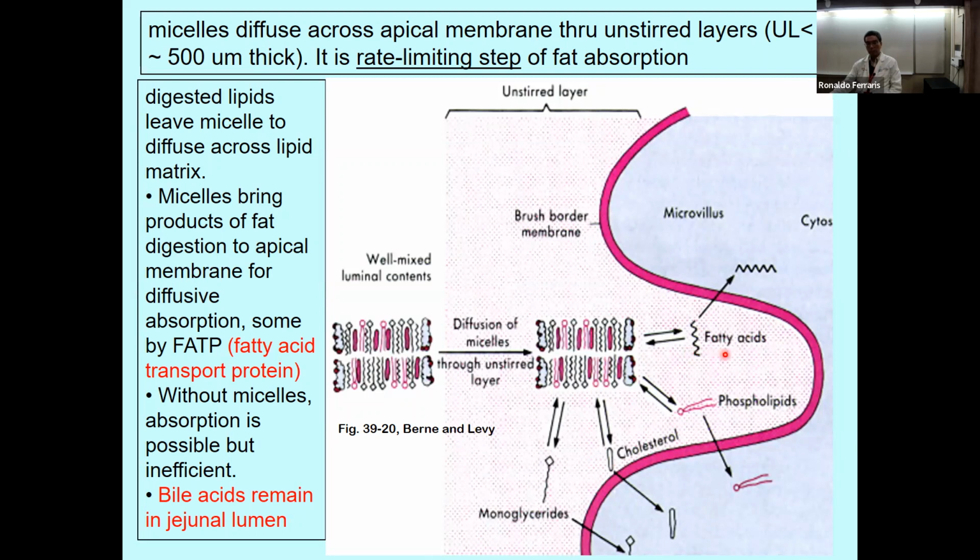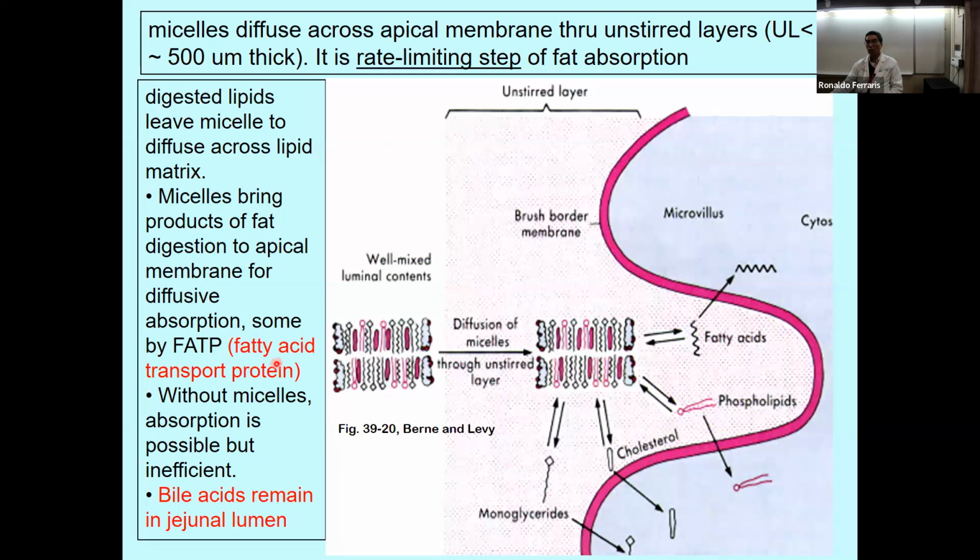And these micelles are very important for the diffusive component of lipid absorption. However, there are some lipid digestion products that are hydrophilic enough that they have difficulties diffusing through the lipid bilayer.